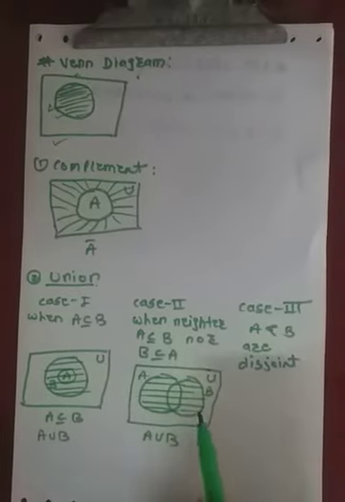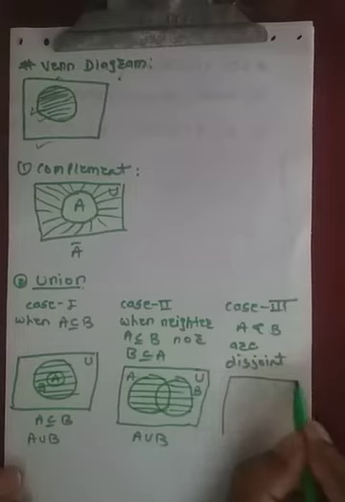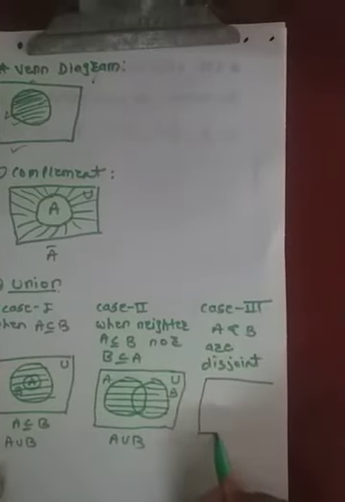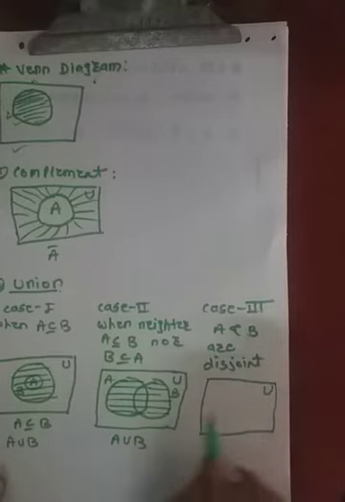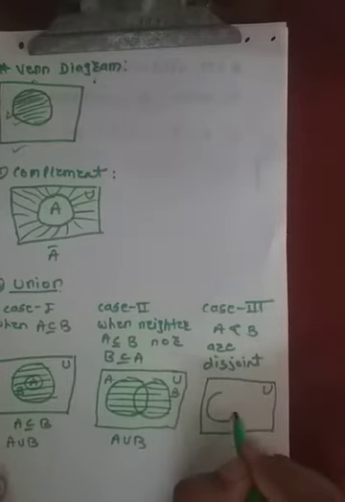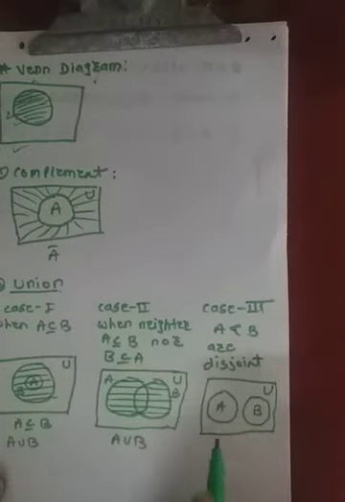Now third case, this is universal set and this one is set A and this one is set B. So A and B are disjoint, means there is no common element in both sets.